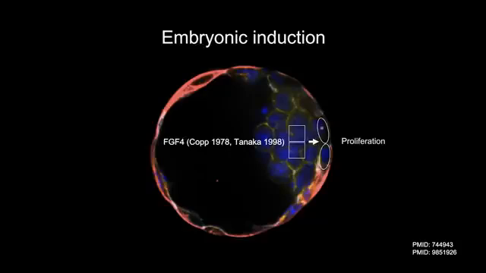And the classical model of embryonic induction was depicted for blastocyst development by Cope in 1978, and he suggested through correlative observations that the blastocysts form through molecular inductions that are originating from those inner epiblast cells and that are driving the development of the outer trophoblast.